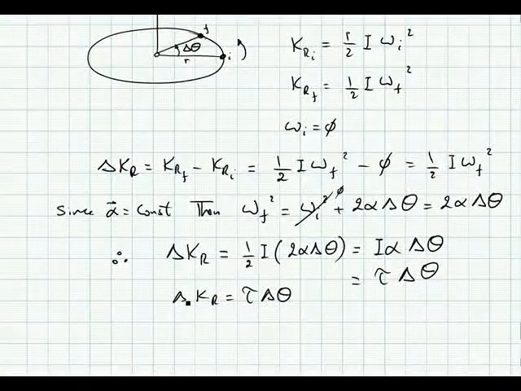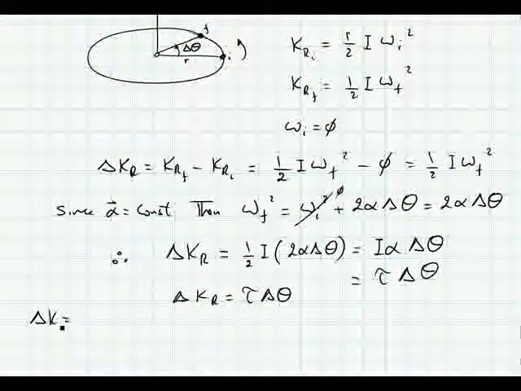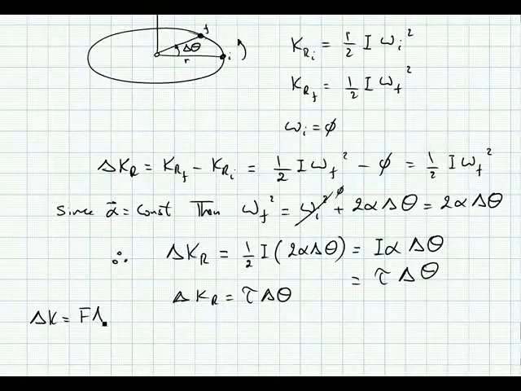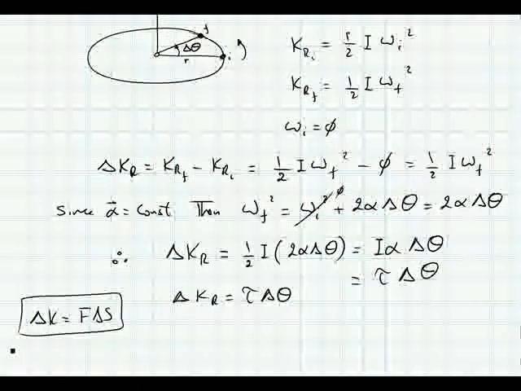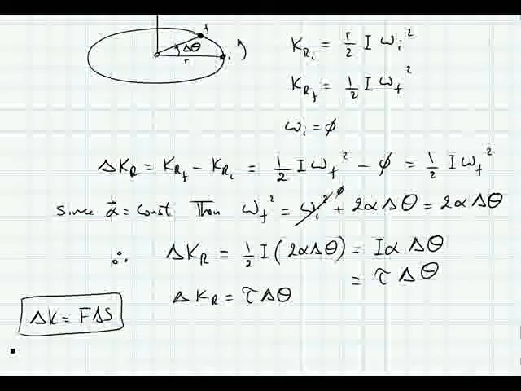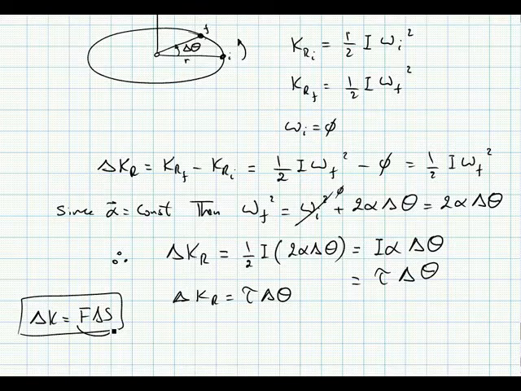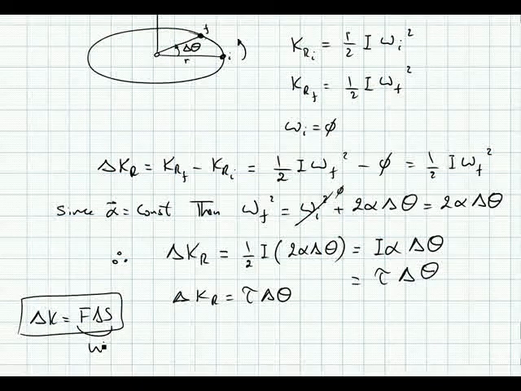Note the similarity of this with delta K equal to force times delta s, the kinetic energy work theorem, where F delta s is work done by the force on the object.